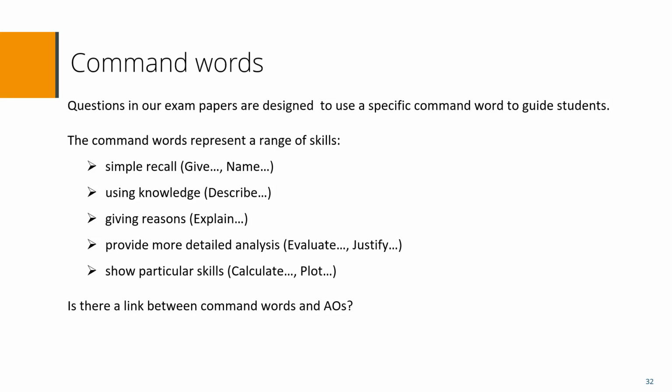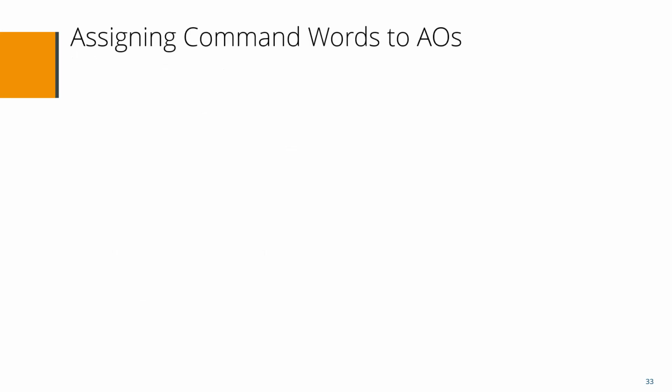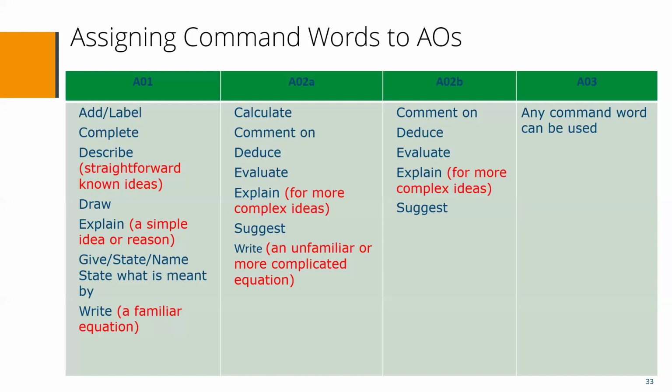Well, I've given a little bit of an insight into that. I think there is some degree of link, but there's also quite considerable overlap. So there are some examples of the command words that may well crop up in AO1: add, label, complete a table, describe straightforward, known ideas, draw.